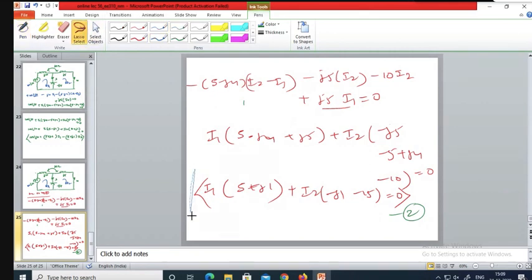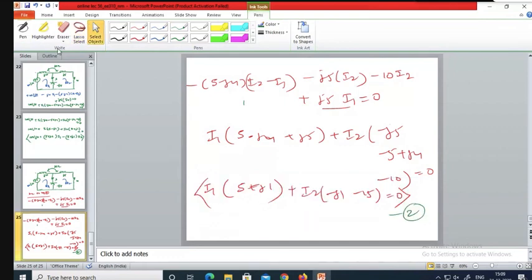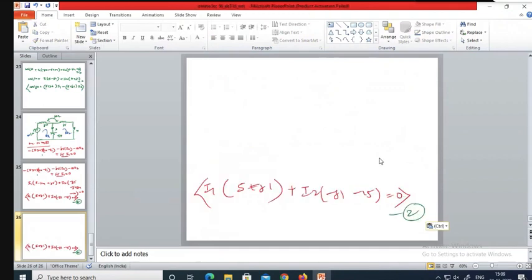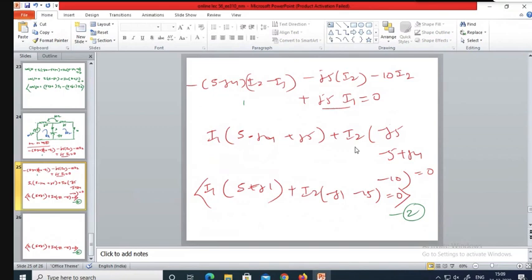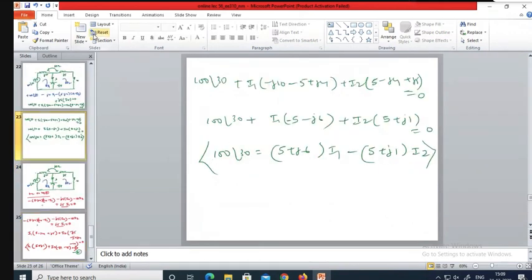Just take this equation number 2 and equation number 1 here.